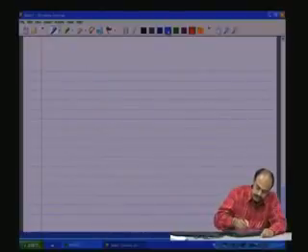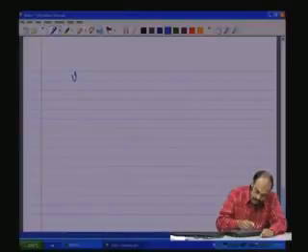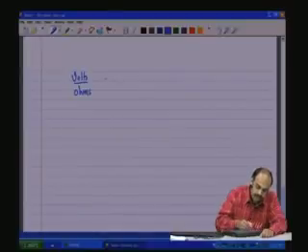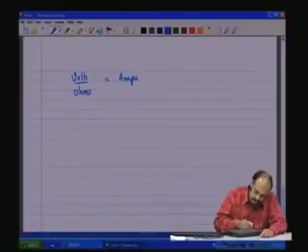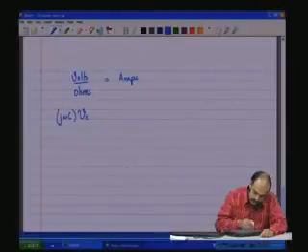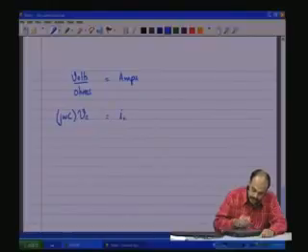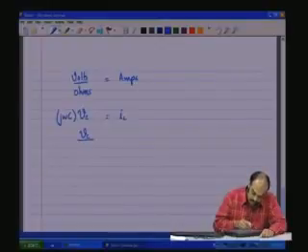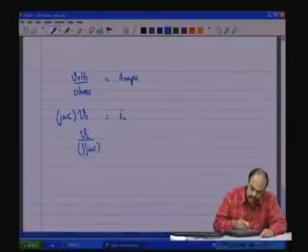So, we know that volts divided by ohms will give you the units of amps. So, we have Vc into j omega C, which is IC, or Vc divided by 1 by j omega C is equal to IC.